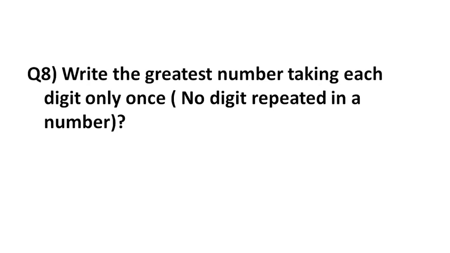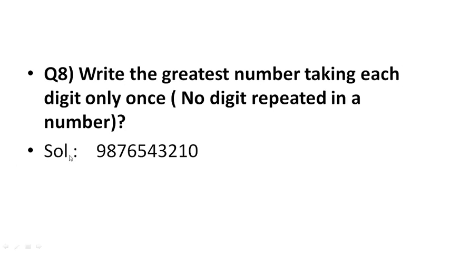See how we will write this number. So you just need to know how many digits we have: 0, 1, 2, 3 and so many. You write the greatest number here. In the greatest number we always arrange the digits in descending order from left to right.